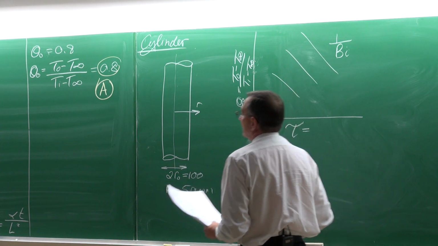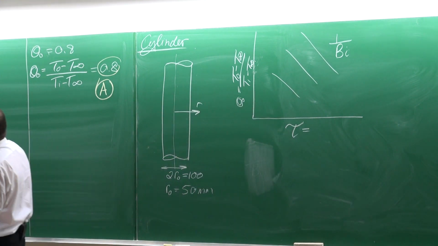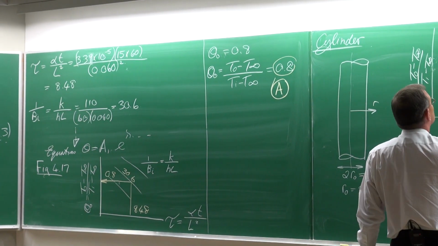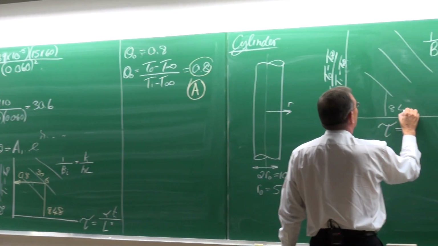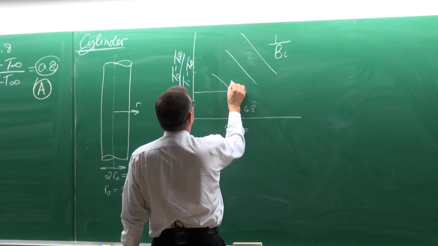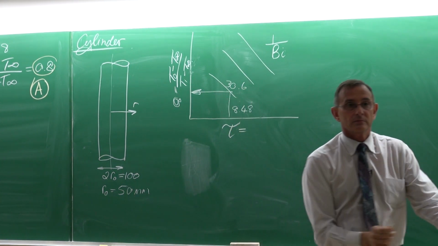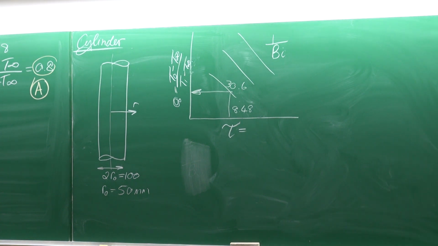Okay, so here we've got the Biot number is 30.6, the non-dimensionalized time is 8.48. 8.48, 30.6, and we can get the solution. Do you see that?